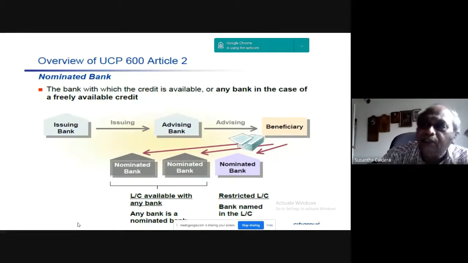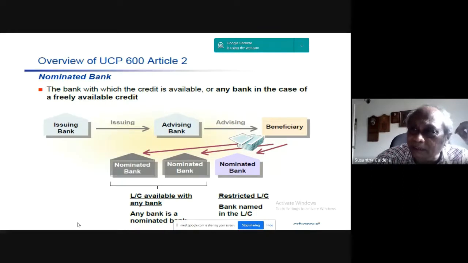So Haycarb can go to any bank, either NDB, SCB, Cargill's Bank, or whatever bank, and negotiate documents. No need to go to Sampath Bank. They can go to any bank. Right? Freely available credit.